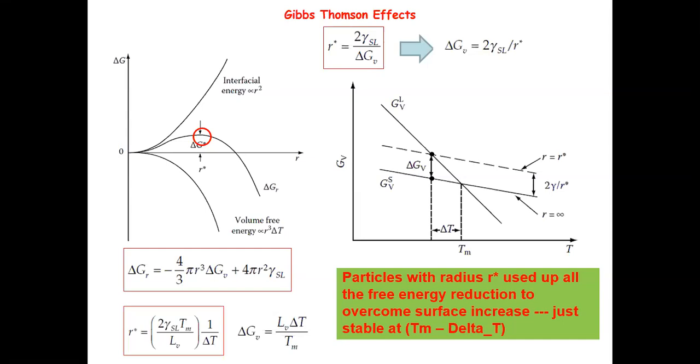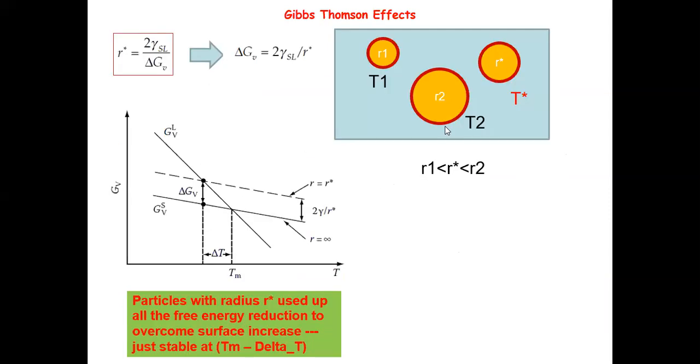This basically means that particles with the radius R star, corresponding to this delta T of supercooling, used up all the free energy reduction. The particle is just stable at this particular temperature, Tm minus delta T. So this is effectively the melting temperature for this nucleus with radius R star. Okay, so that is another way to look at this.